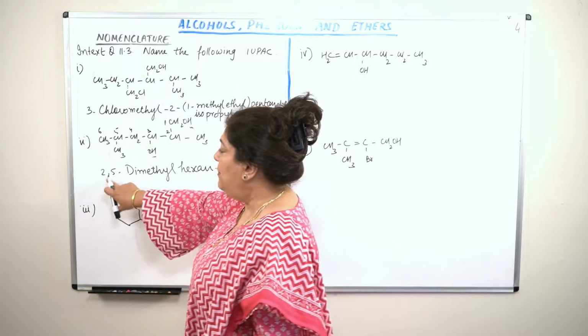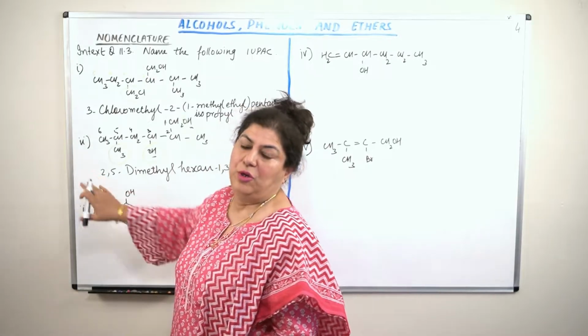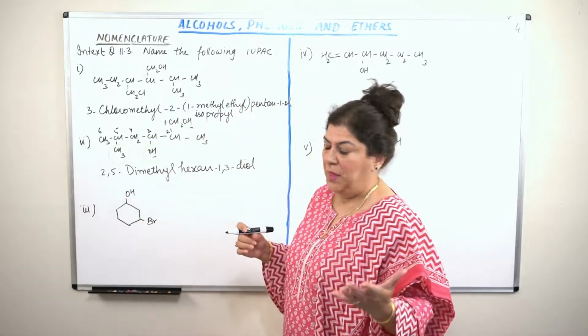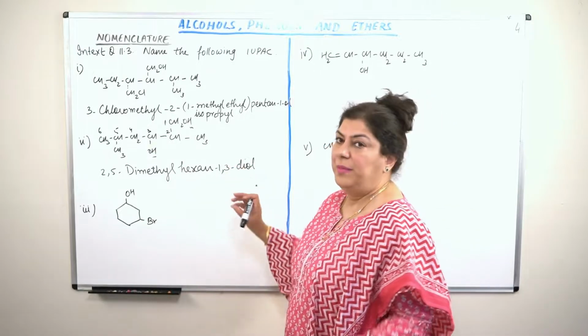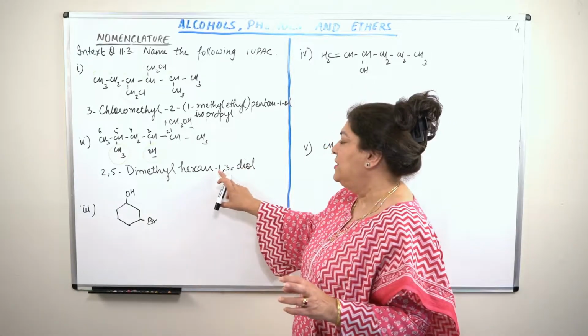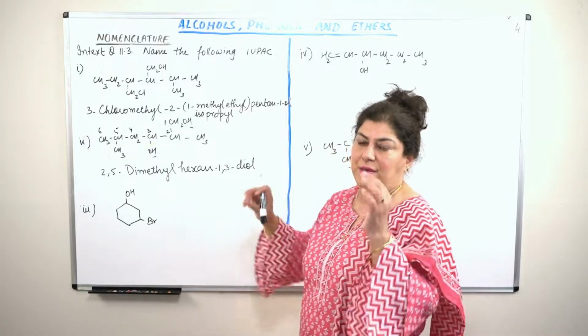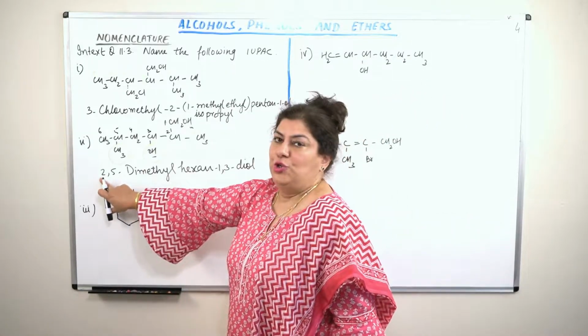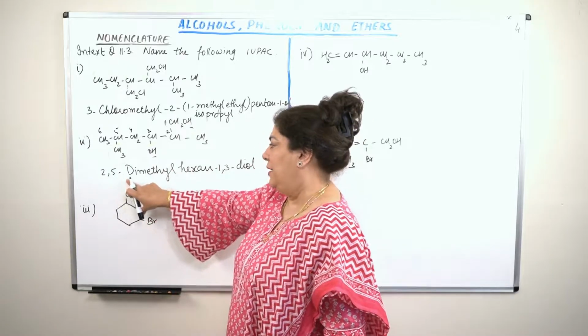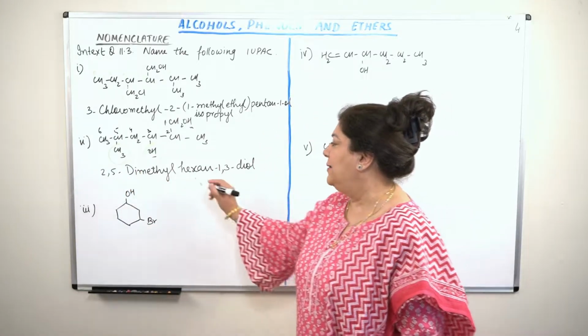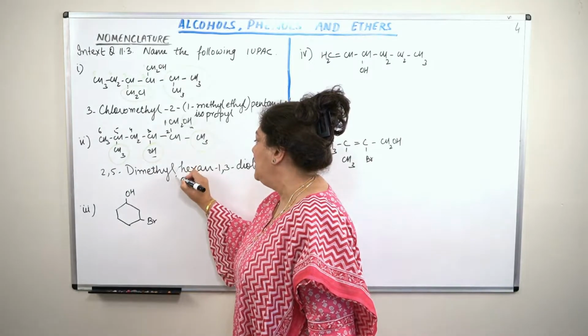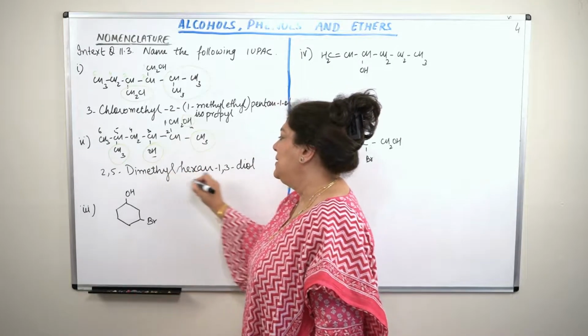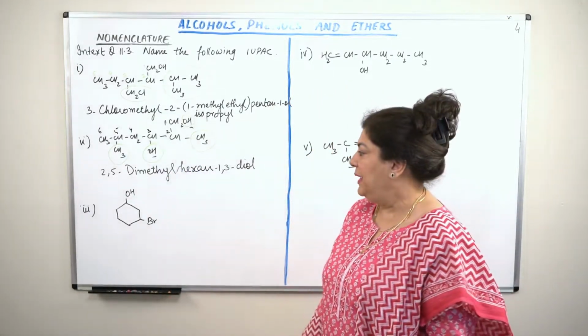When the name is starting, there is no need of a hyphen because a hyphen is for continuation. So when the locants come in the middle somewhere, you put hyphens on both sides, and if there are multiple locants, you put commas between them. Here we start with 2, the first locant, 2,5-dimethylhexane, and there should be no space between these. It should be one single word, right?